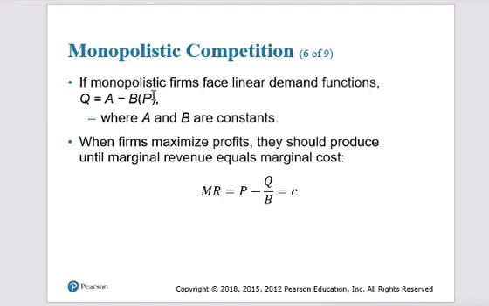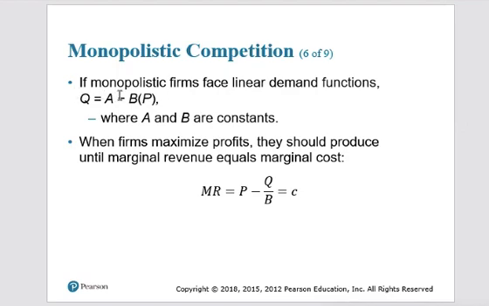And then we use the demand function here and find the marginal revenue, if you remember that. So how do we do that? We put P on the left-hand side and express everything else except P, right?